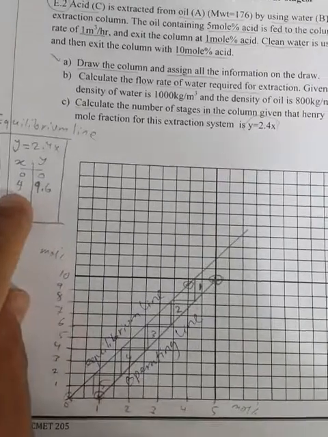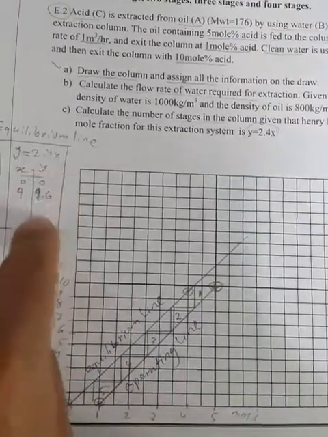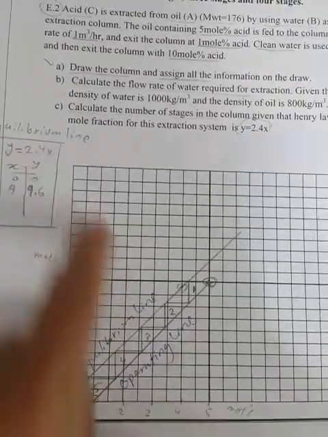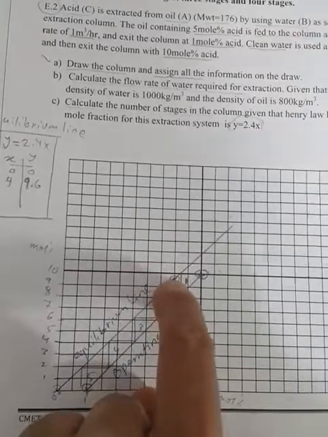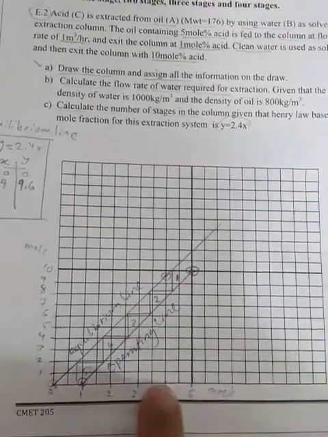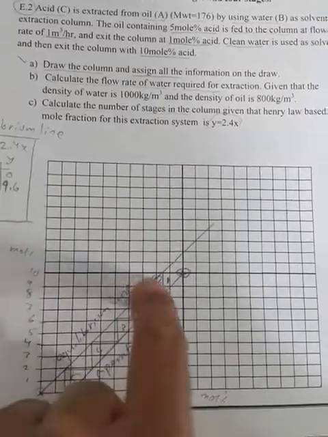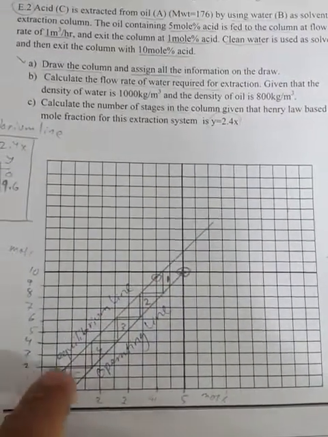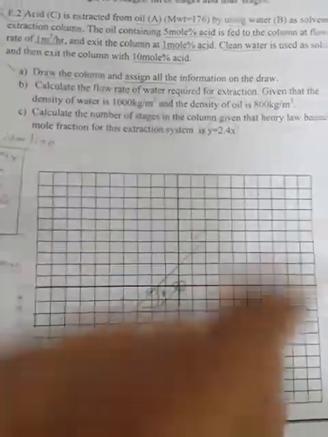Here I selected 4. If we put 4 in the equation, we get 9.6. So our second point is 4 for x and around 9.6 for y. Then we draw the equilibrium line, and this equilibrium line can be extended.